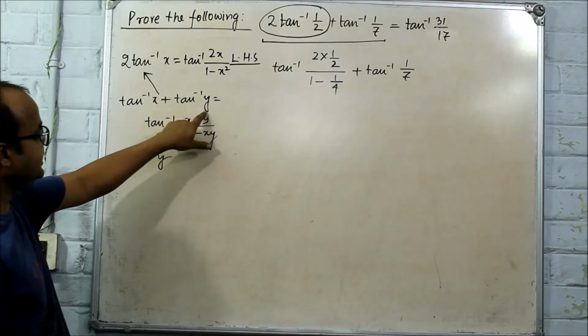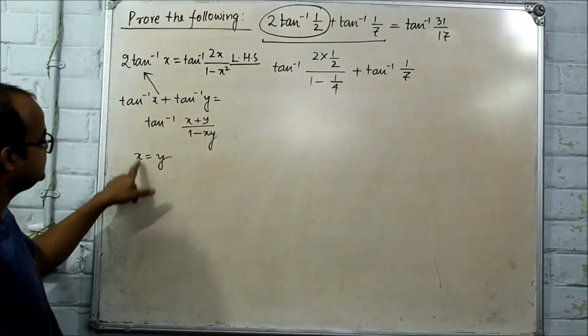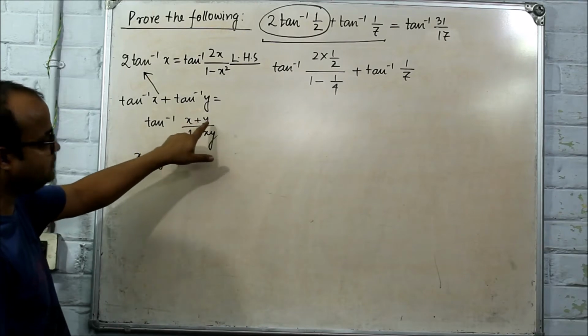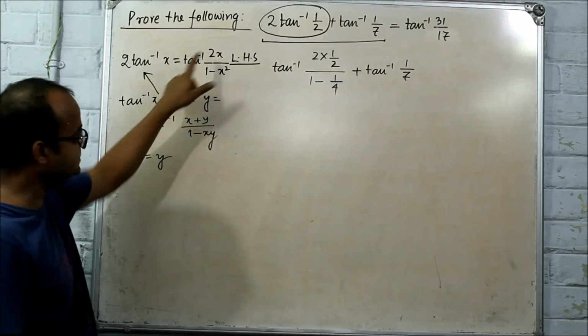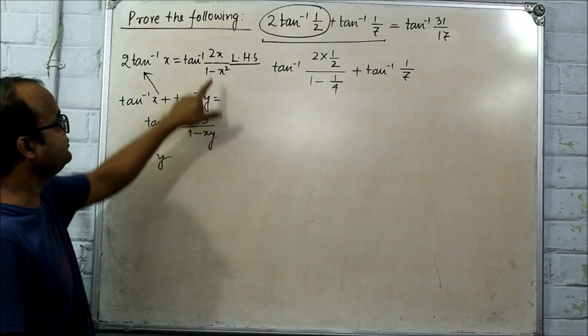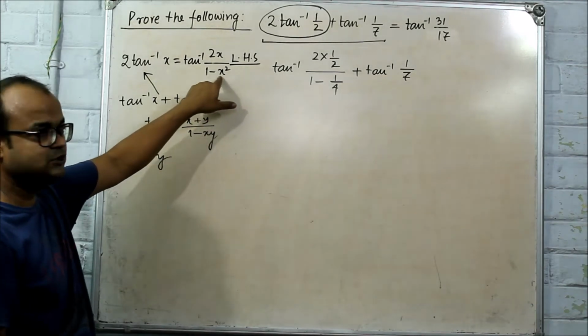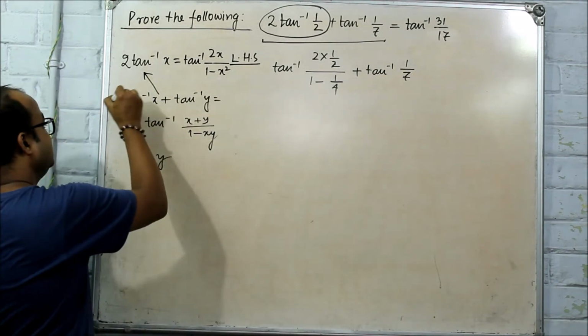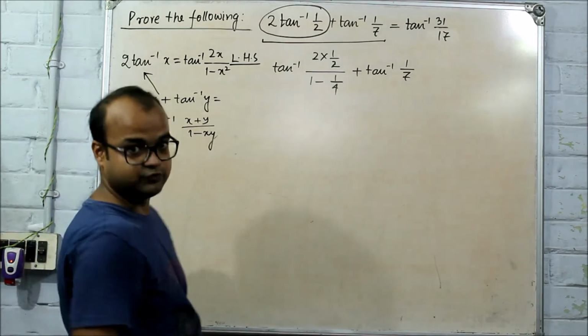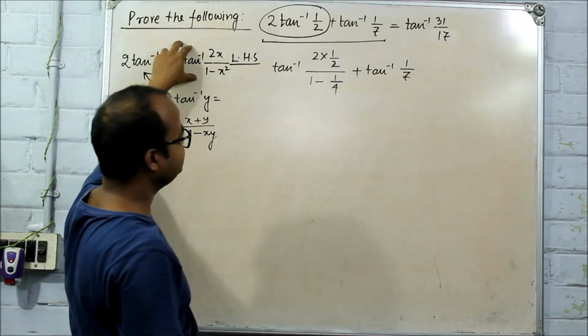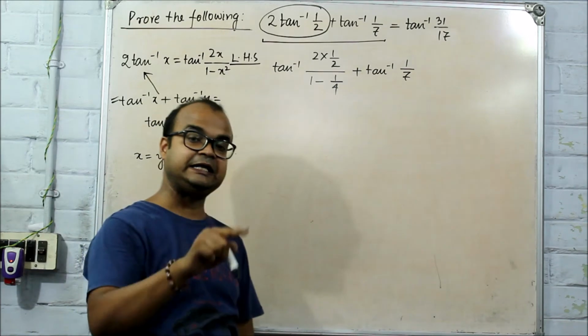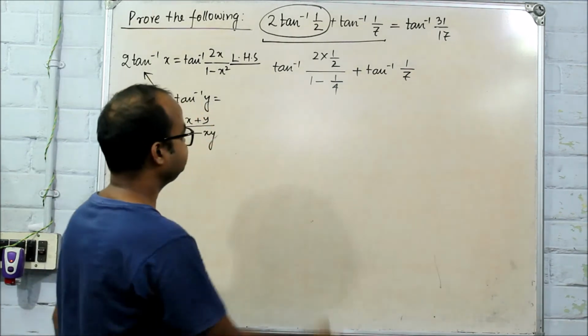So in this formula, if you replace y with x, then you will get tan inverse of x plus x, which is 2x, by 1 minus x into x, that is 1 minus x square. So I told you this formula is very useful. If you forgot the other formula, you can apply this formula by taking y is equal to x.